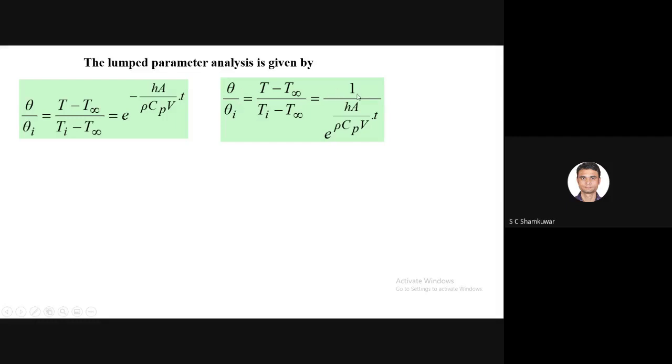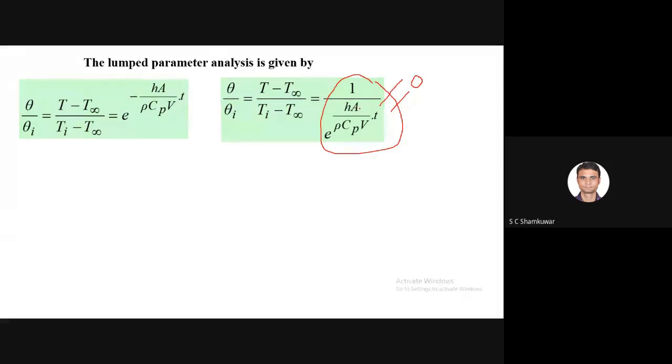So theta by theta I can be e to the power minus HA divided by rho CpV into T. If you see this term, for a thermocouple, this exponential term should be 0, as soon as possible.